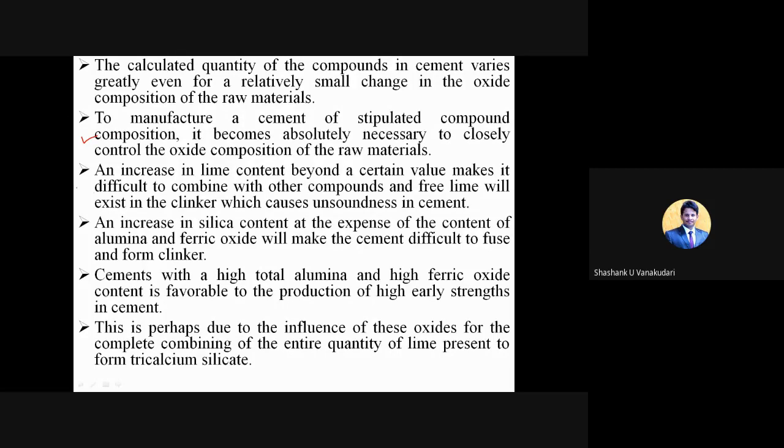And here you can see an increase in lime content beyond a certain value makes it difficult to combine with other compounds, and free lime will exist in the clinker, which causes unsoundness in the cement.